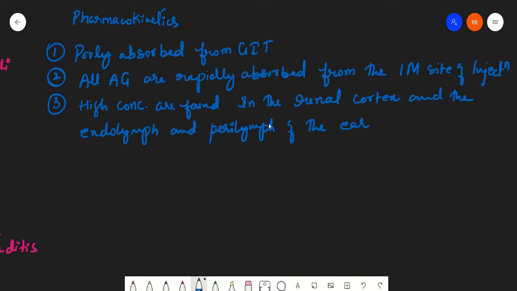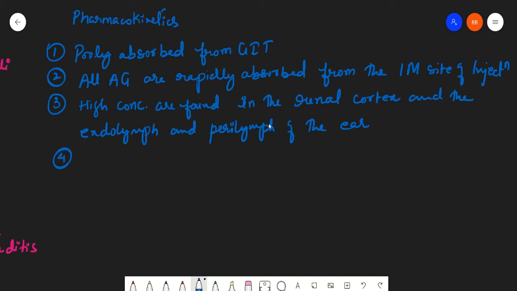So along with aminoglycosides we should not give other ototoxic drugs like cisplatin and loop diuretics, as this will have a synergistic effect in causing nephrotoxicity and ototoxicity.